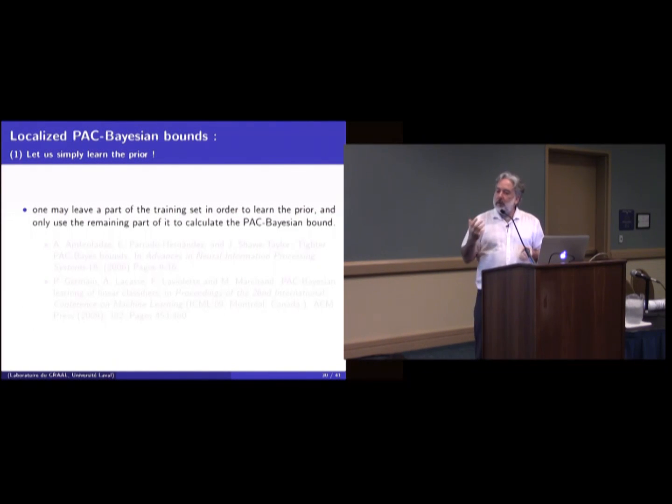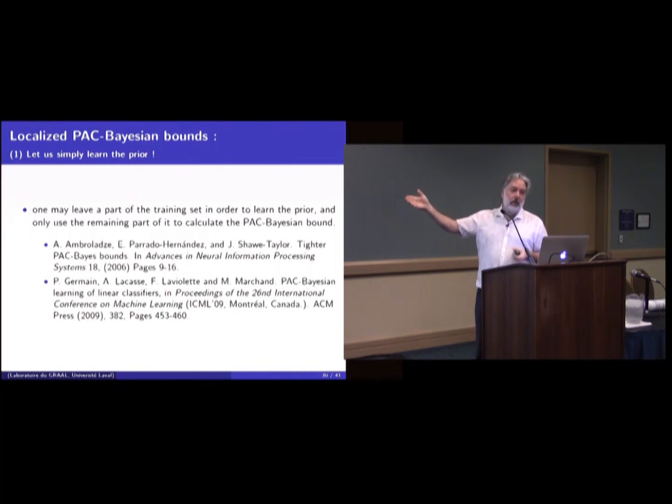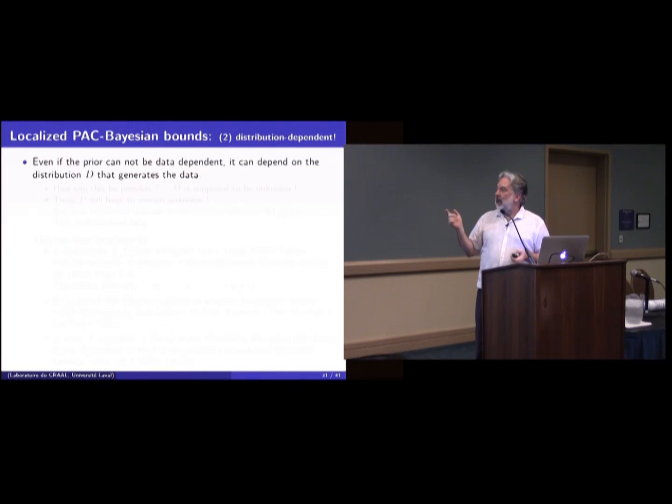So one way to do that is to be sure that the prior is not bad. So you can reserve a part of your training data in order to learn the prior. And it does not have to be so big, because you don't want to have the best prior, you just want to have a prior that's not so bad. And then, if you do that, of course, you will improve your chance to have a good guarantee, right? But another way to do that is to make a prior that is distribution dependent.